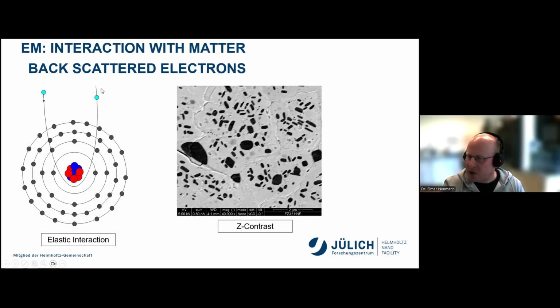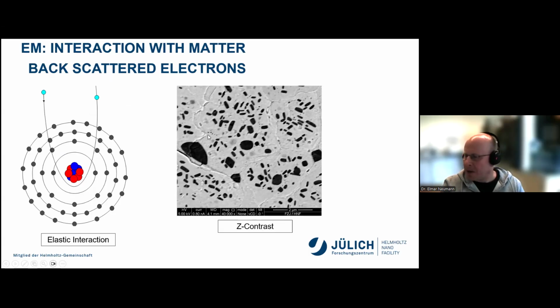Okay, the second is backscattered electrons. These electrons interact more or less with the nucleus, and they come from elastic interactions. They scatter at the nuclei of your material, and therefore give rise to the Z contrast, the atomic number contrast.